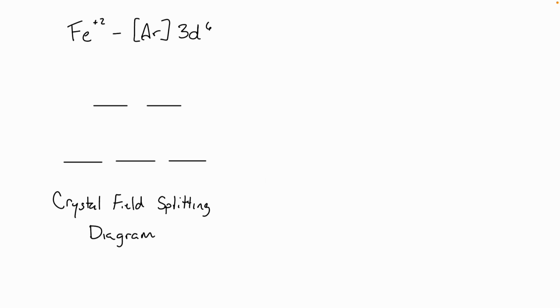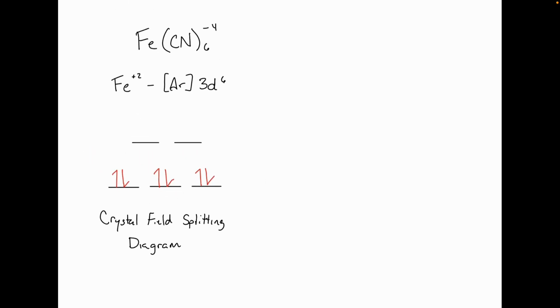Since I have 6 electrons, remember we're going to go through and half fill first, and then I'm going to turn around and double fill 4, 5, 6. All right, and that's because this is a low spin ligand.